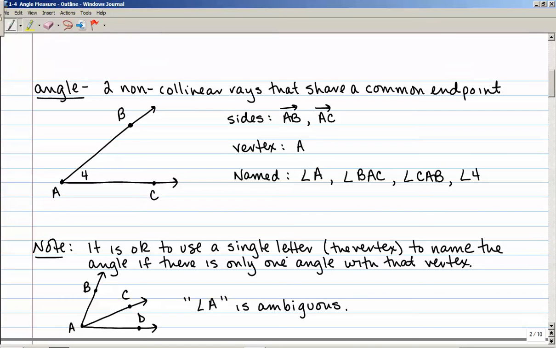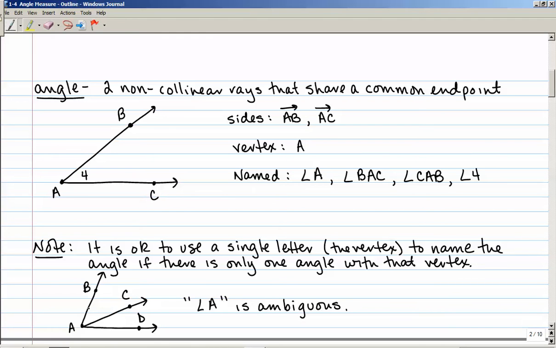Okay, so here's an important note. You can only use a single letter, and that is the vertex, to name the angle if there's only one angle that has that as its vertex. Looking at this diagram here, I see three angles: the small one on top, the small one on the bottom, and then the big one.